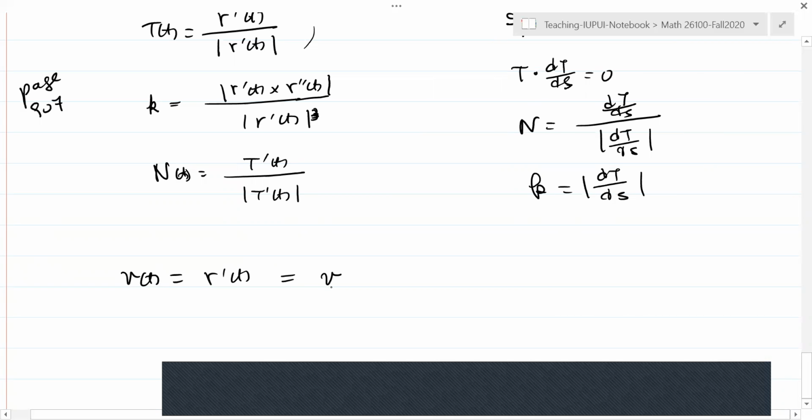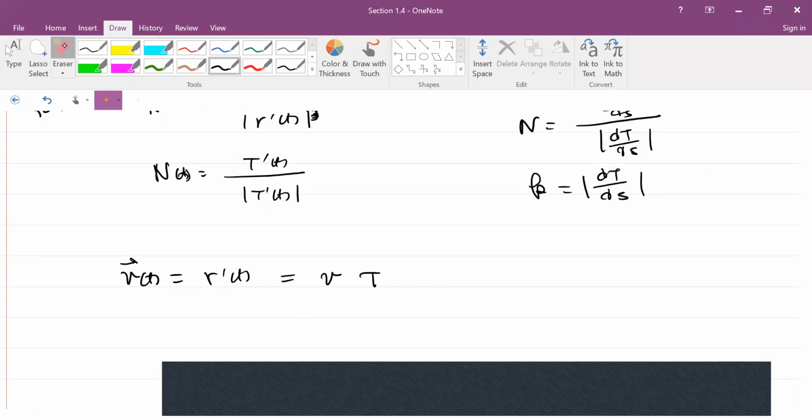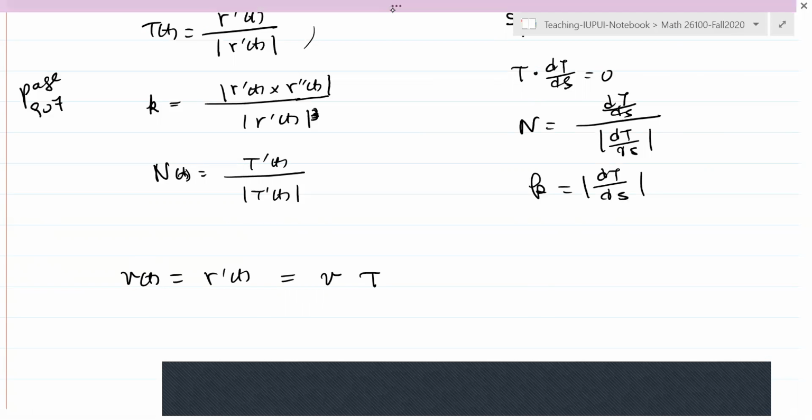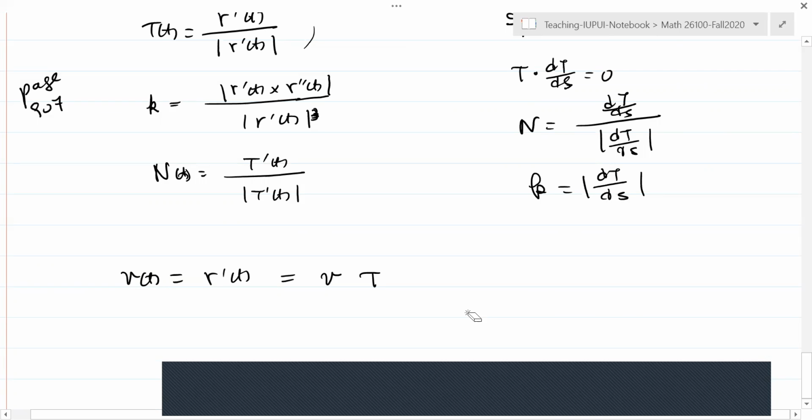In the book they use a v, but it's easy to confuse with velocity, so I'm going to use slightly different notation, otherwise it'll be confusing.